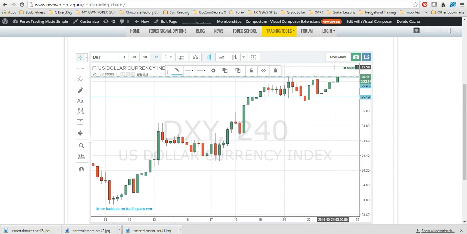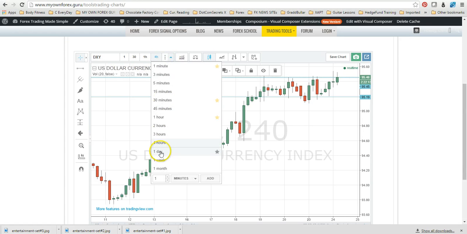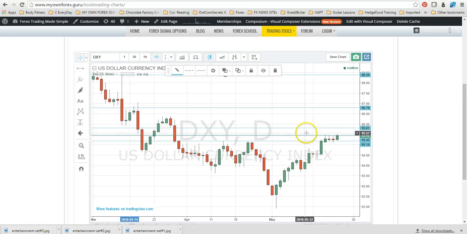It'll go up to the level that we saw on the 1 hour or daily chart up here, 95.81, then come back and revisit the 95.46 level before it continues up. So that's our prediction. We believe the US dollar index is going to have some strength. That means you can short any USD pair.